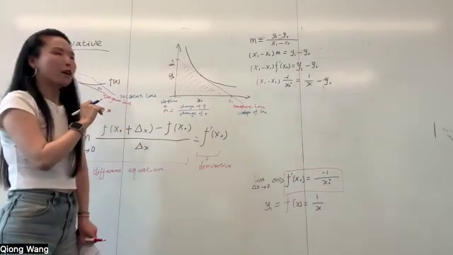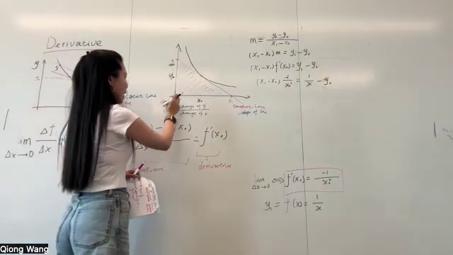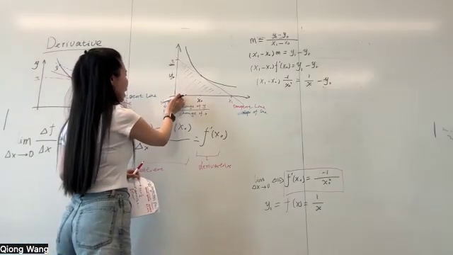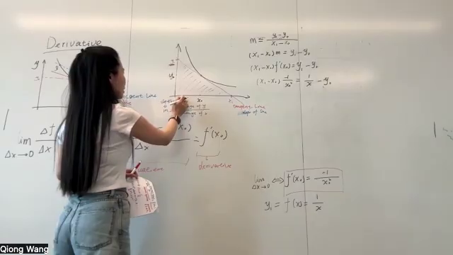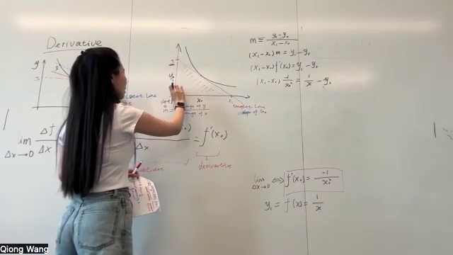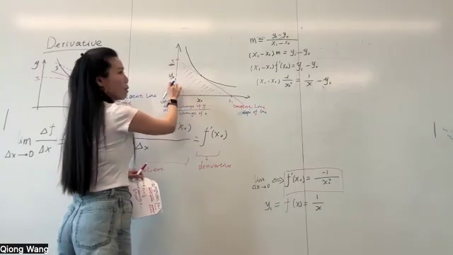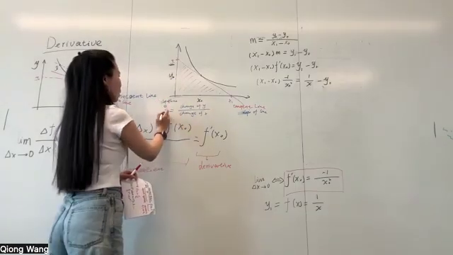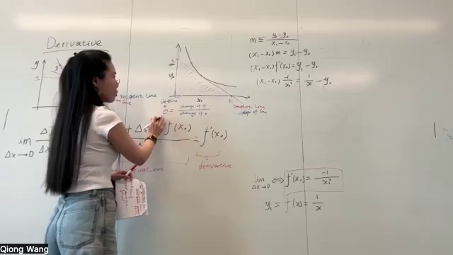This means every unit of x will give a specific number of y, and this is the slope.